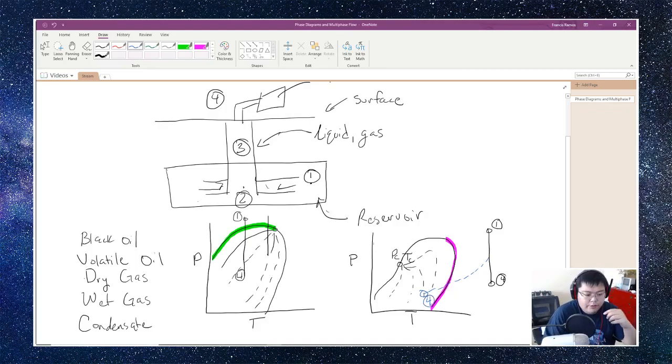This point over here is where we cross into the dew point, and now we have a gas forming a liquid in the pipe, and now we will have both liquid and gas at the surface.